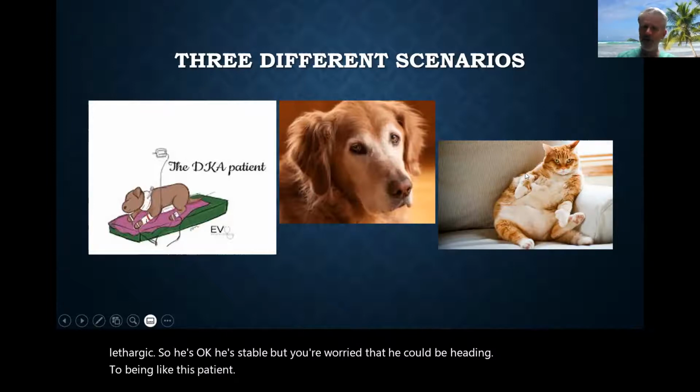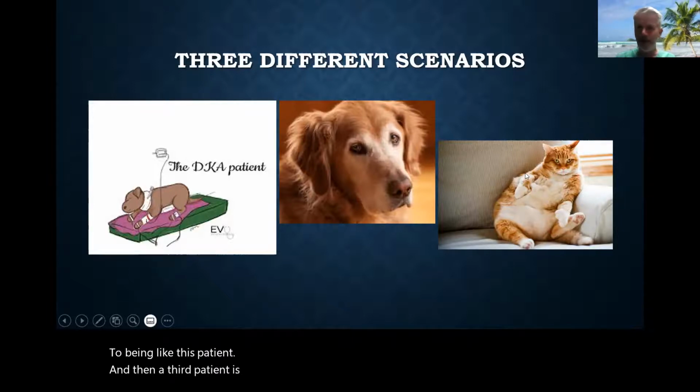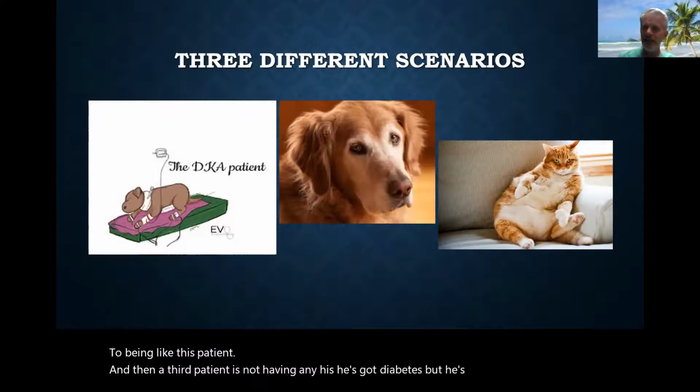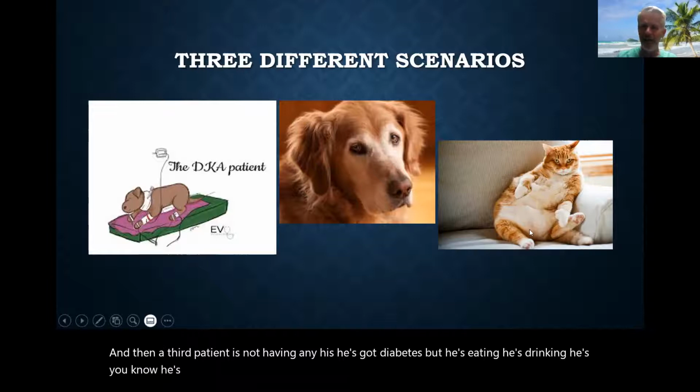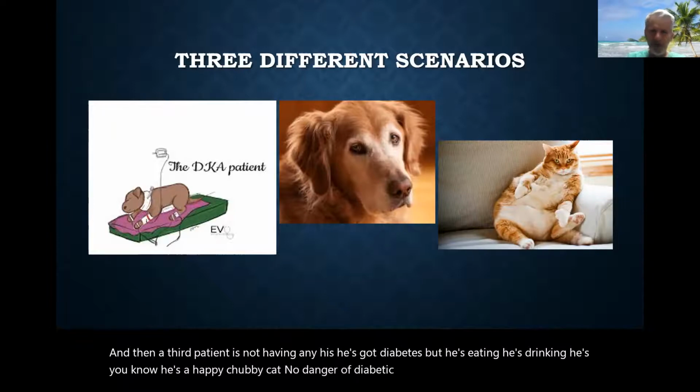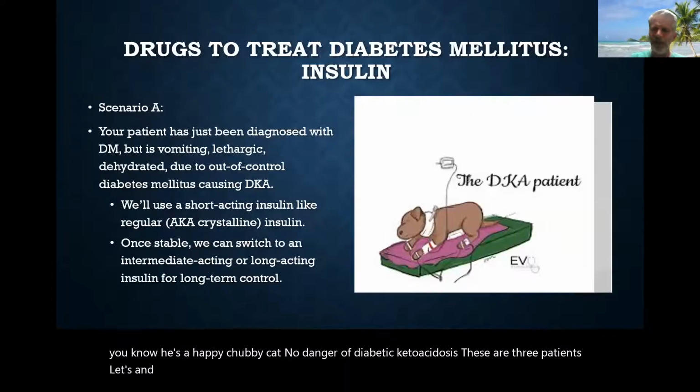And then our third patient has diabetes, but he's eating, he's drinking, he's a happy, chubby cat, no danger of diabetic ketoacidosis. Okay, these are our three patients. We'll use this to kind of explain the different types of insulin.